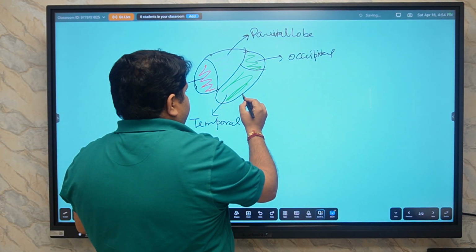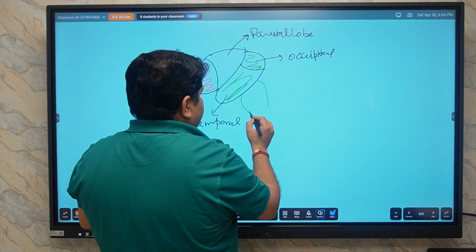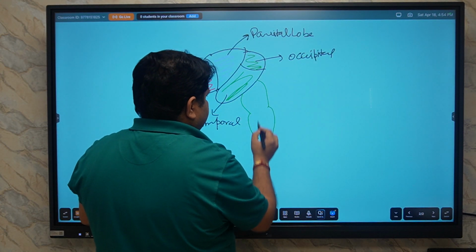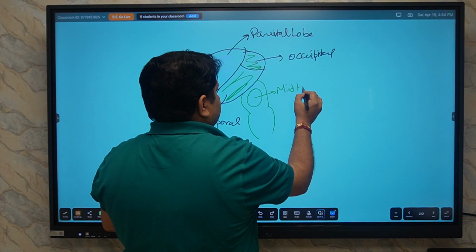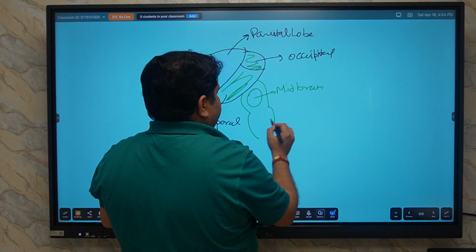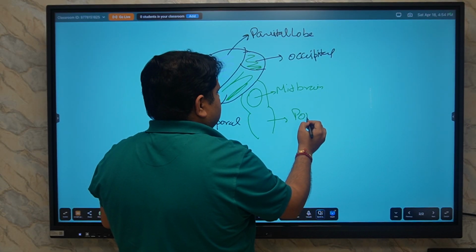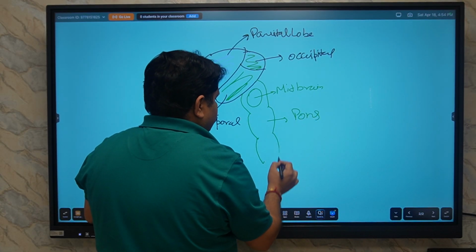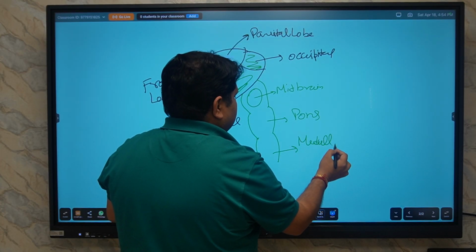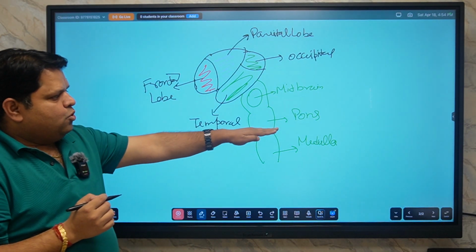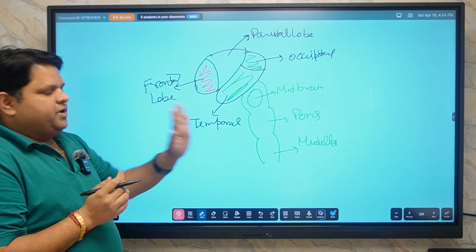So after brain we have brain stem, in which we have the midbrain. This is the midbrain. Then we have the pons and medulla. So midbrain, pons and medulla, these are part of the brainstem.